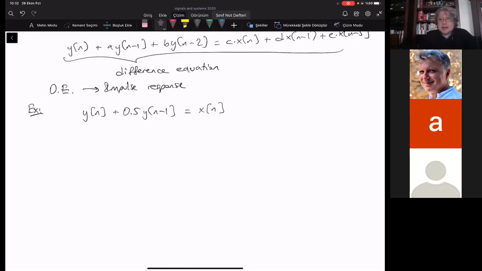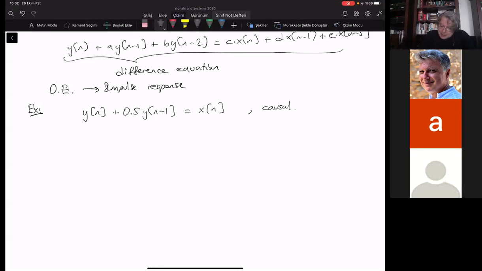The right-hand side is a little bit short, but the left-hand side is, it's again short, but it's 2, the right-hand side is 1. So this difference equation, what's the impulse response corresponding to this difference equation? For this thing, in order for you to solve it, I have to give you something like this is a causal system.